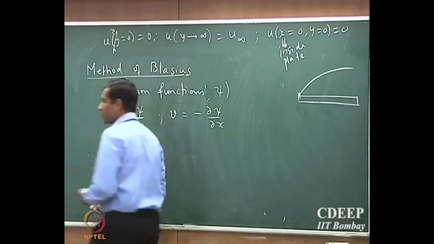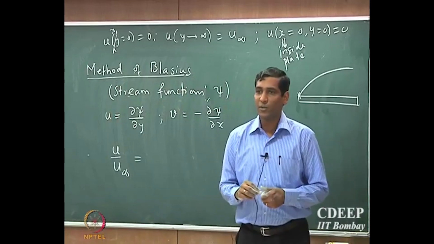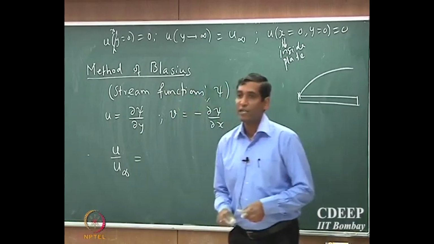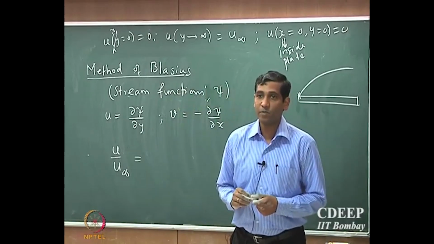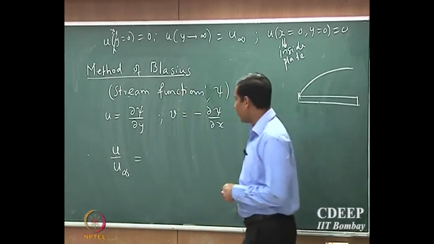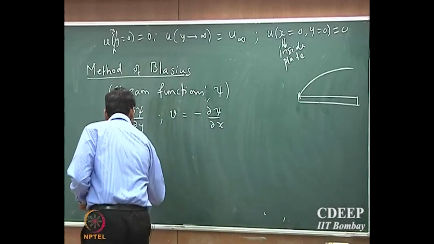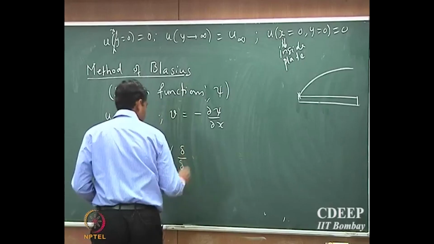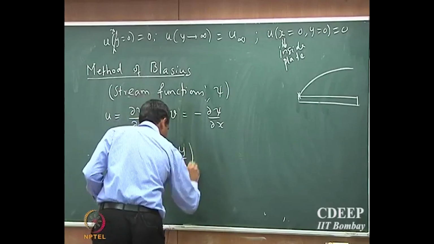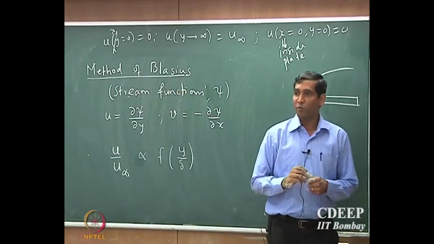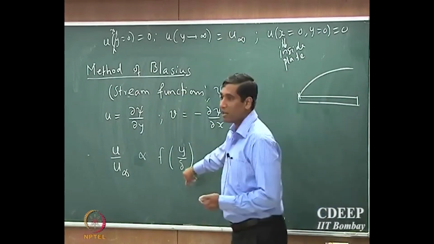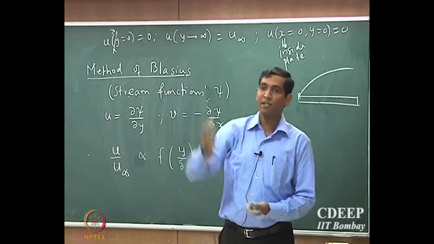Then the most important observation that was made by Blasius is that the ratio of u by u infinity in the boundary layer is somehow a function of the ratio y by delta, where y is the location in the y direction, and delta is the corresponding boundary layer thickness at that location.